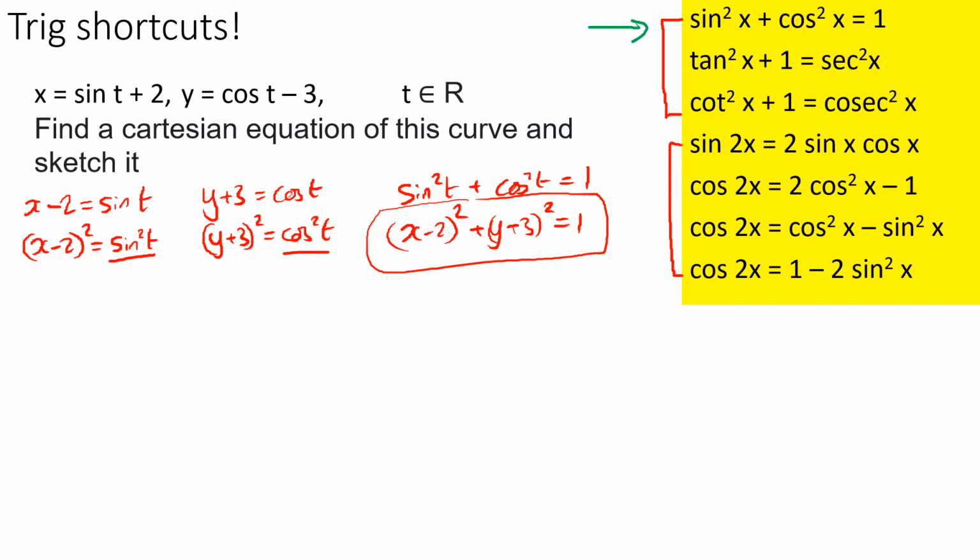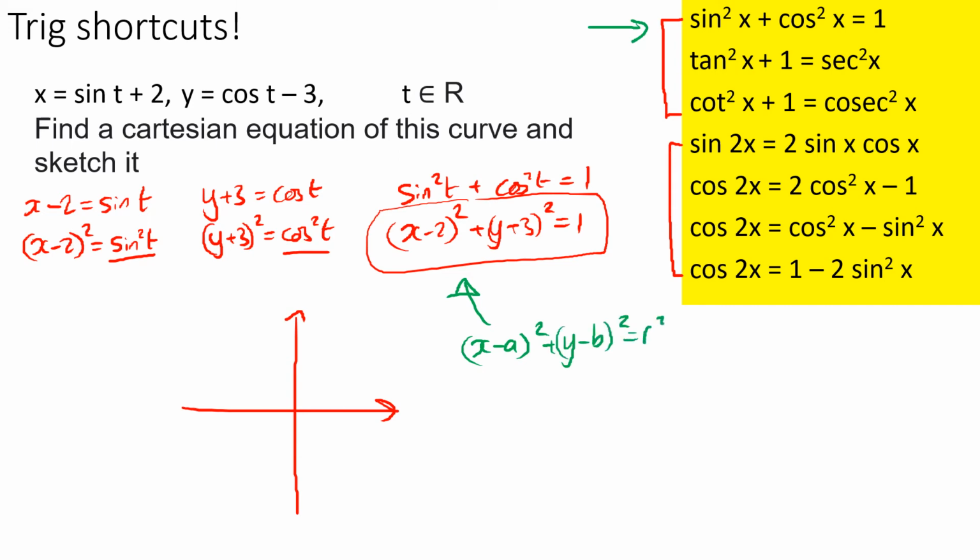So our second part of this question is to sketch it. Now, what equation have we just come up with here? This is the equation of a circle. Remember, a circle is x minus a all squared plus y minus b all squared equals r squared. So this must be a circle. The center of the circle would be (2, -3), and the radius would be 1, because that's the square root of 1.